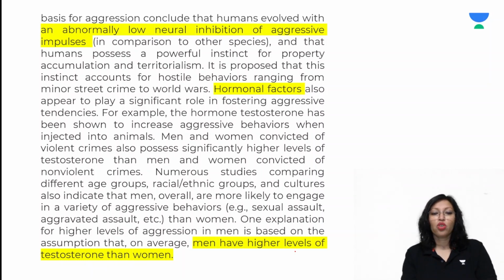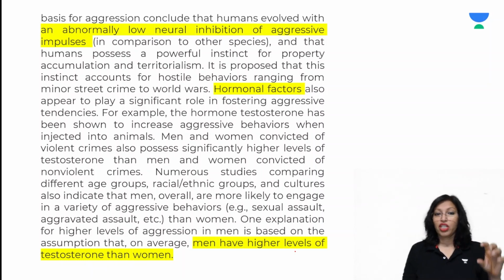Men are more likely to engage in a variety of aggressive behaviors, for example sexual assault, aggravated assault, etc., than women. One explanation for higher levels of aggression in men is based on the assumption that on average men do have higher levels of testosterone than women.